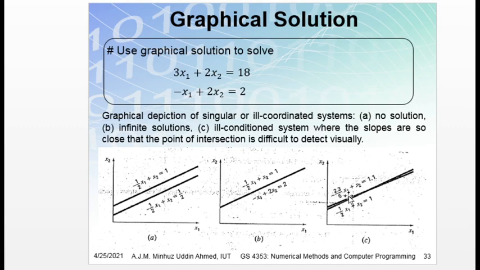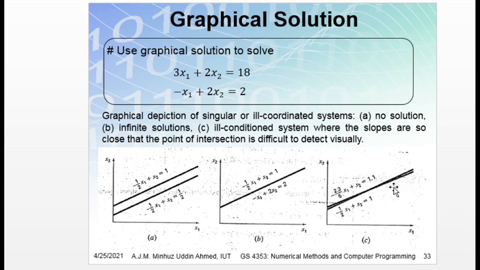However, the thing I have mentioned here is the ill-conditioned system, where the slopes are very close, so the point of intersection is difficult to detect visually. So think about these two graphs, these two straight lines, as you can see from this figure. These two straight lines are not parallel, neither are they identical.